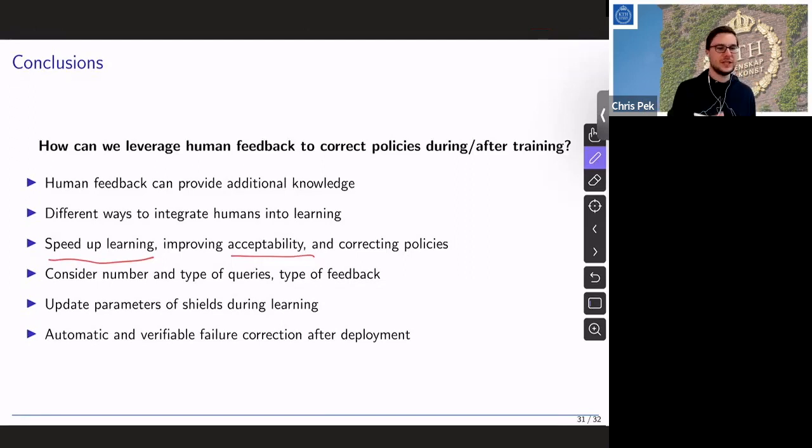And as I said, we looked at how to update parameters of the shield during learning, given two distributions and KL divergence, so that we have reached a consensus. And lastly, we also looked at automatic and verifiable failure correction after deployment, using shields that we create on the fly from the human feedback for refining actions, providing alternative actions, or for not allowing certain actions.